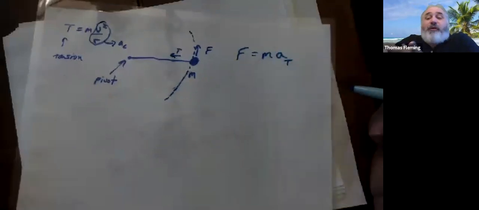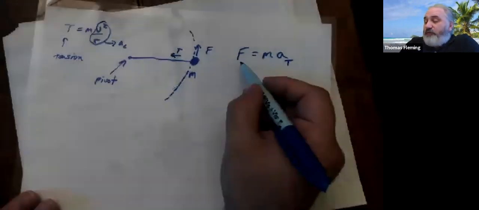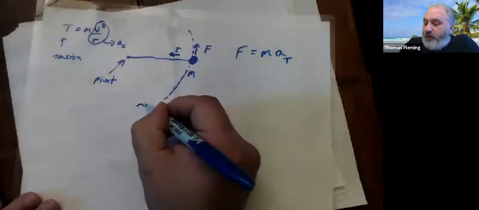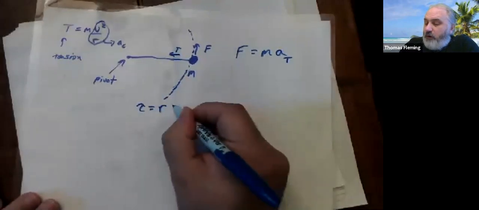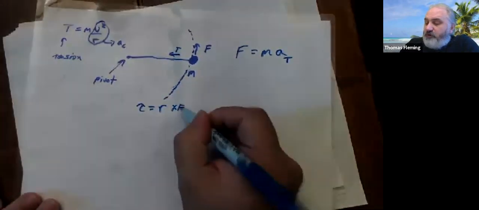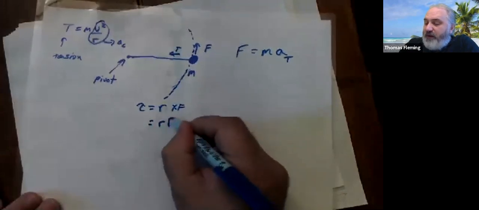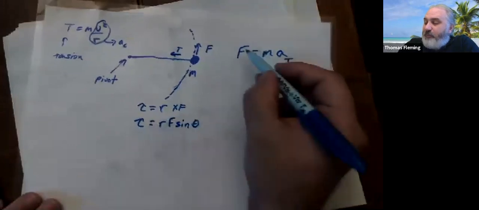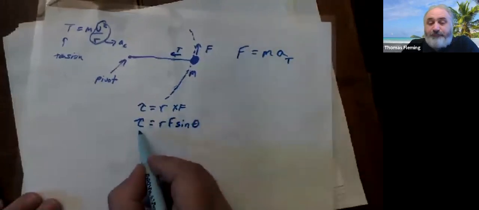And we already know some of those angular equivalents. The angular equivalent of force is torque. However, since torque is R cross F, which itself is R times F times the sine of theta, I need to somehow replace F with this.